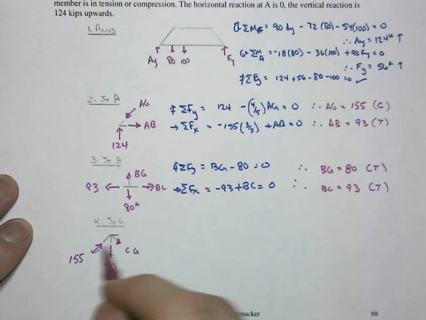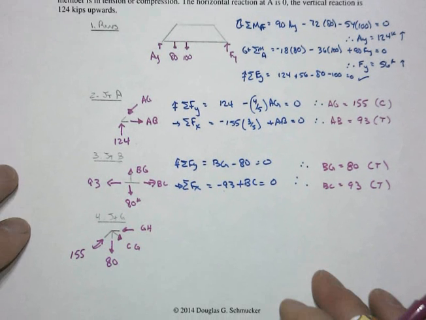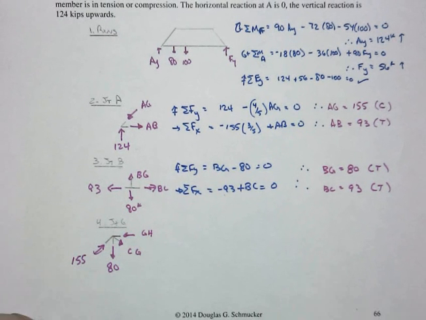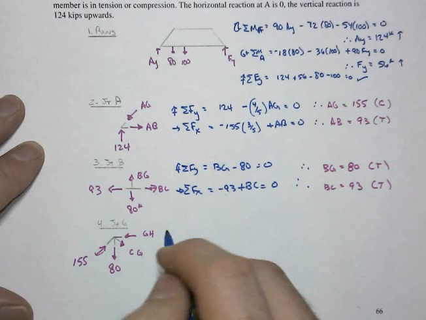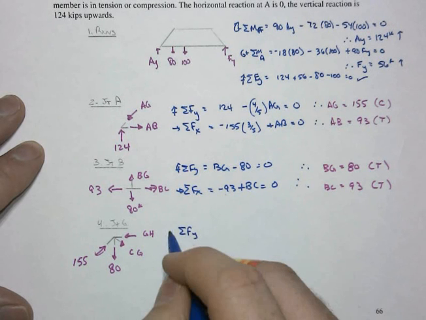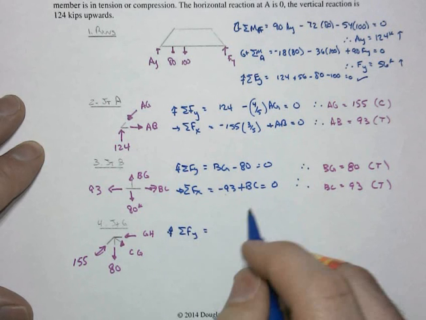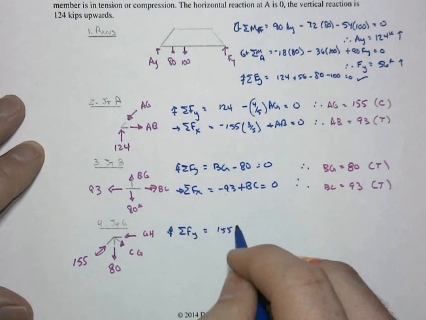And so note what's going to happen here. We'll have to do sum of forces in the X first. No, we don't. We do sum of forces in the Y first. Why? Because we only have one unknown component in the Y. So I'll have 155 upwards times 4/5, that's our 124, minus the 80, minus CG times 4/5.